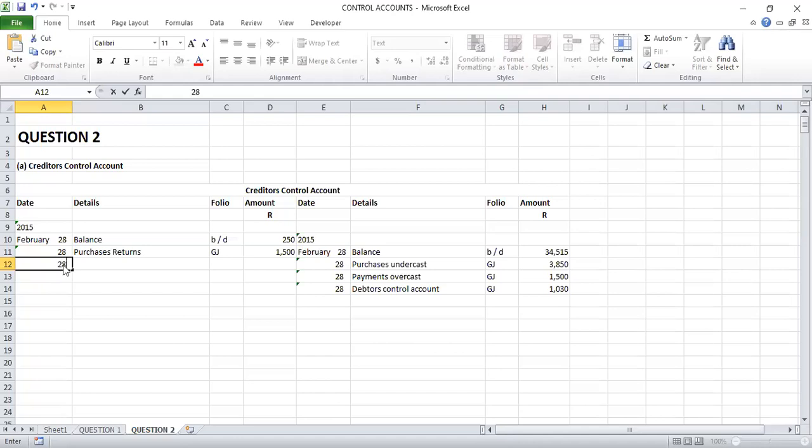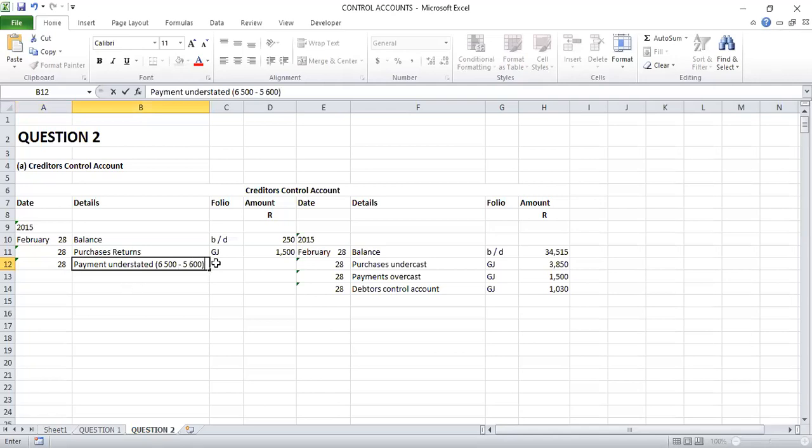payment understated, not necessarily undercast. Casting is totaling, but this is not undercasting, this is understated.